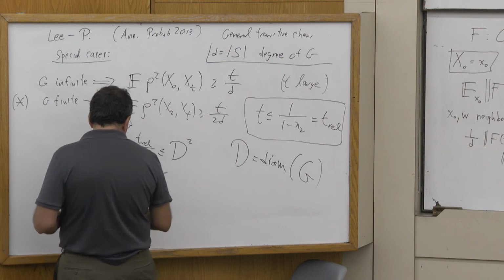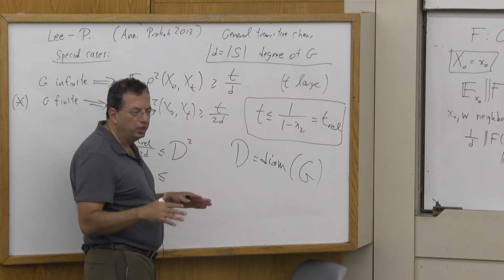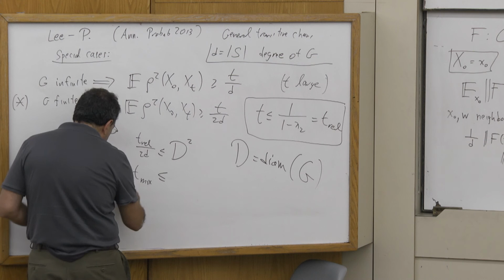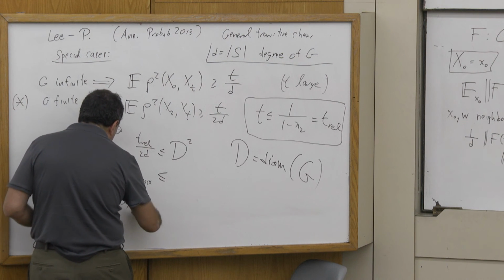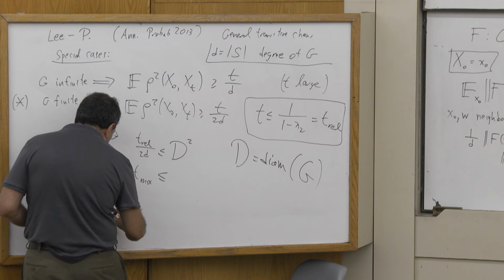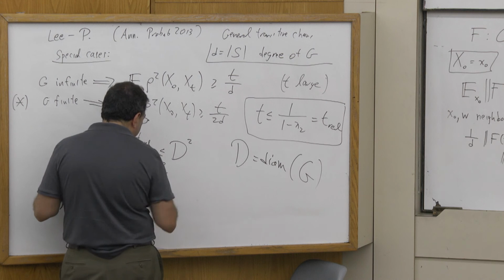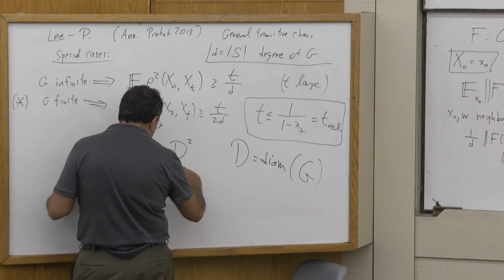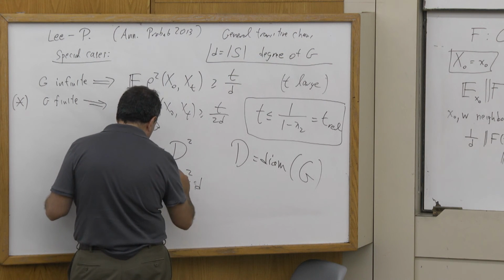Now, going from relaxation to mixing, there's always this annoying issue of periodicity. So when talking about T-mix, I'm going to switch to the lazy simple random walk, again on a Cayley graph G. And then I ask, is it true that T-mix is at most D squared times D times a constant?